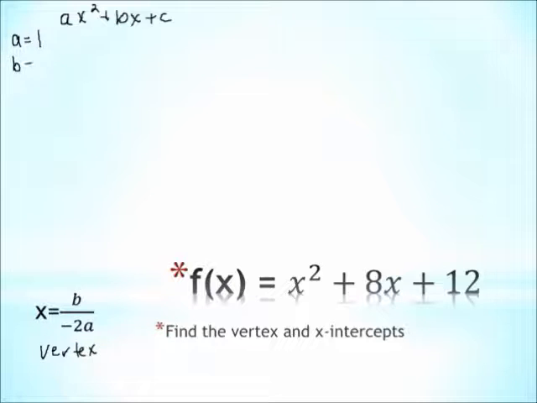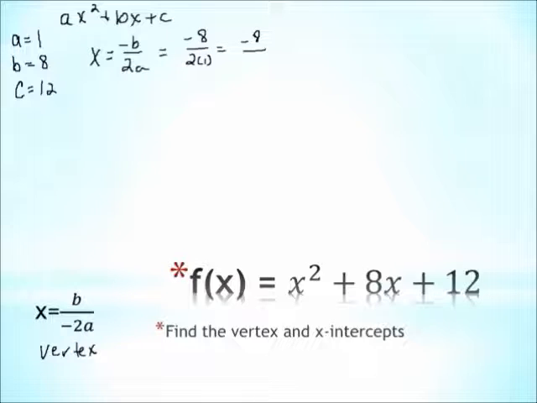A is 1, b is 8, and c is 12. From here we can begin filling in our negative b over 2a, which would be negative 8 over 2 times 1, or negative 8 over 2. Continue to reduce, we would get negative 4.